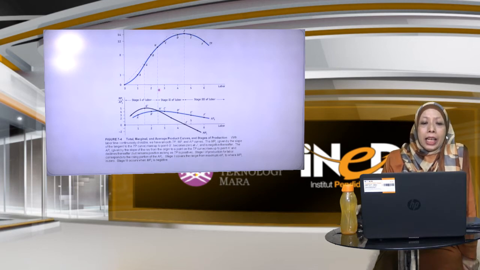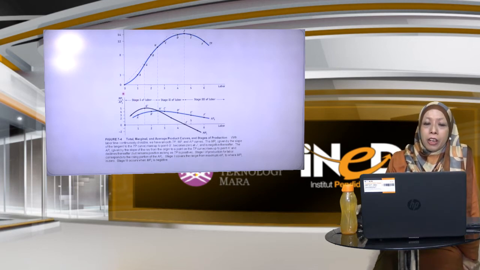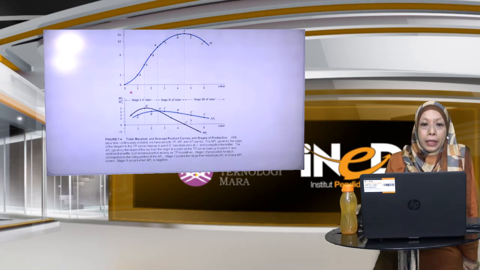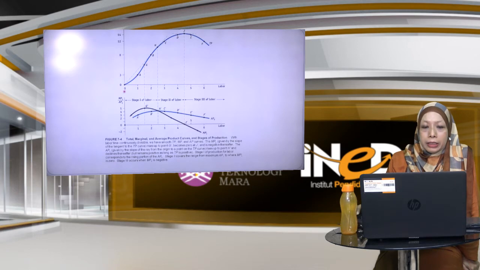So let us start from the point of origin, and we're going to slowly add in labor and see what will happen to output, marginal product, and average product. Now in the first stage of production, you can see that when you continue adding labor, total product increases.